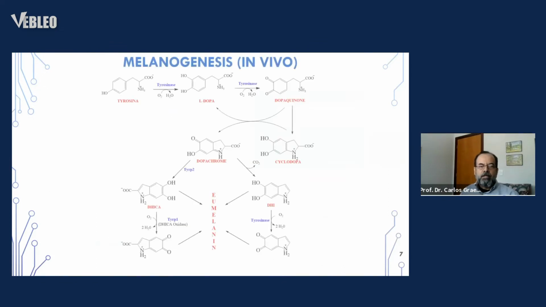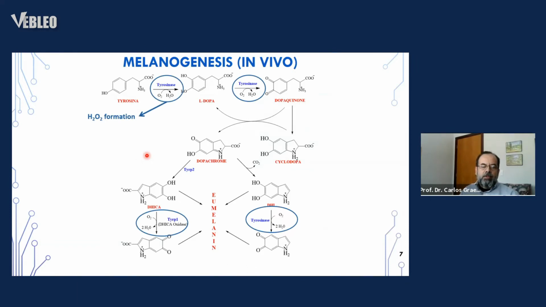Okay. The synthesis in vivo comes from this kind of reaction. We start from tyrosine, and then through oxidations, it becomes melanin. In the case of nature, one important thing to talk about, which we have already discussed in this session, is the formation of hydrogen peroxide, because it can change the functions in the final material quite a lot.